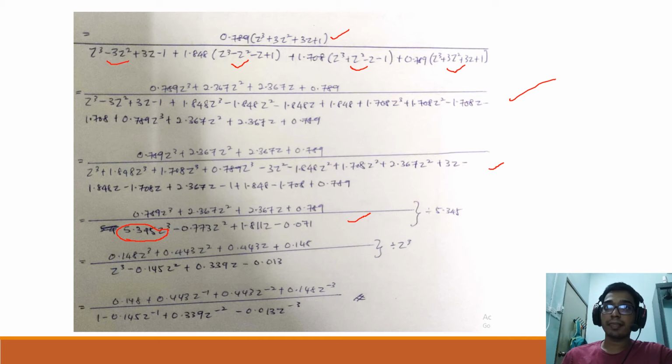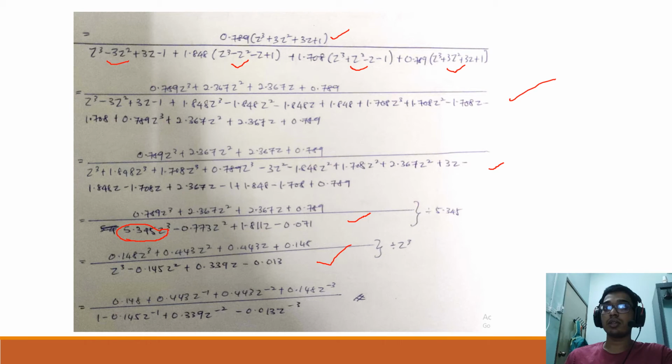And for the denominator, z power of 3 minus 0.145z power of 2 plus 0.339z minus 0.013. So by dividing by 5.345, I get the value like this.